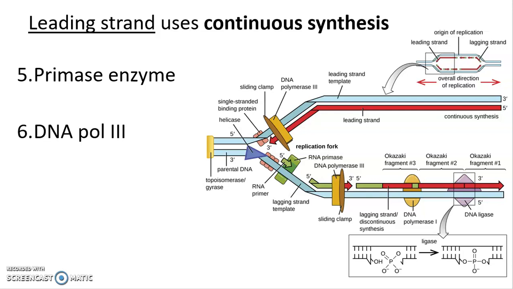And when we look at this process in E. coli, the enzyme is known as DNA polymerase 3 because it was the third enzyme discovered in the cells there.